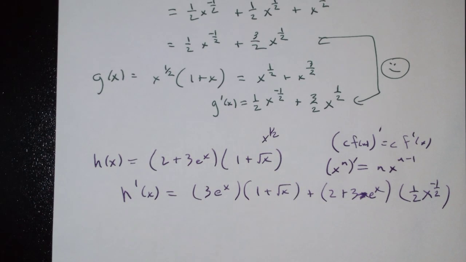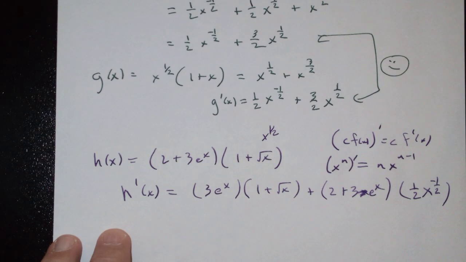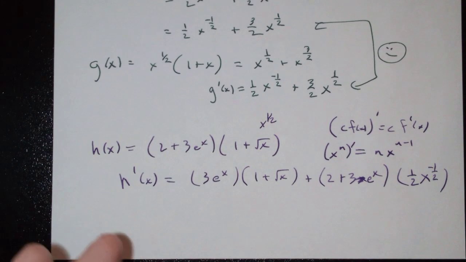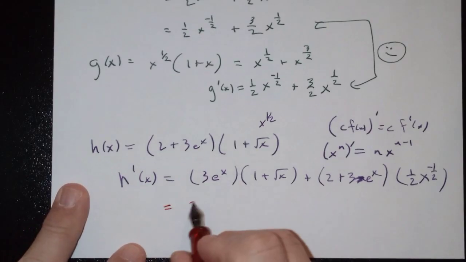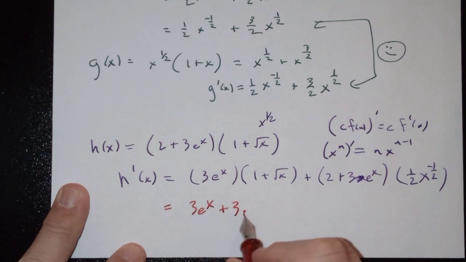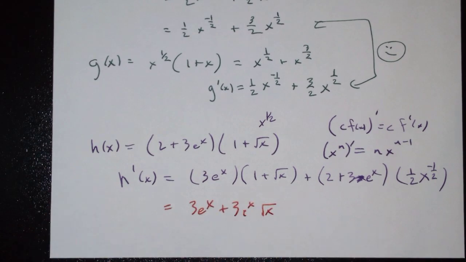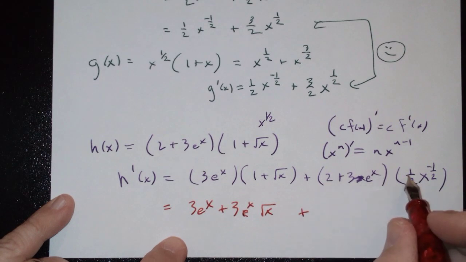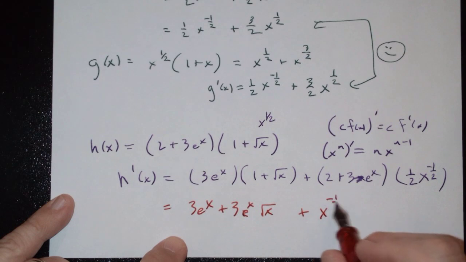Jack. So we leave it like this? Yeah, I'm perfectly happy leaving it like this. You could, if you want to, put the negative on the bottom, make it a square root again, and you could do a lot of simplifying here. Is it worth it? I wouldn't. They'd end up in the same part. So I'd end up with 3e to the x plus 3e to the x root x, right? I just write them next to each other. They're being multiplied together. And then here, 2 times 1/2 is 1, so I get x to the minus 1/2.